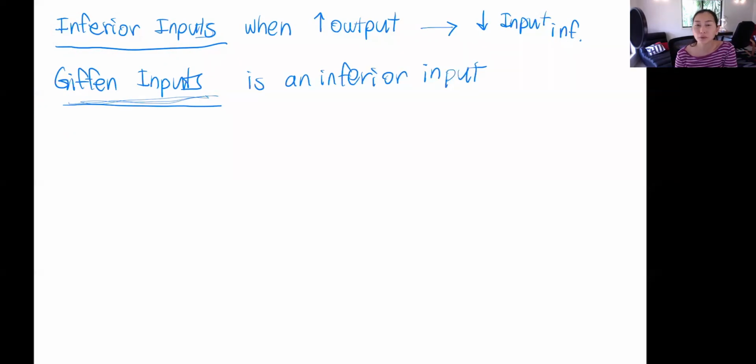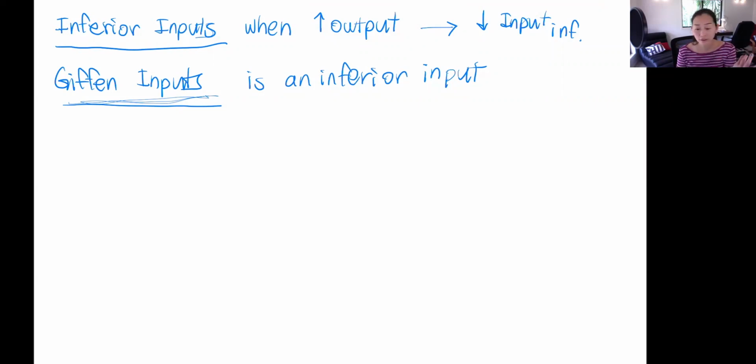So given inputs must be inferior inputs, but not all inferior inputs are given inputs. By definition, a given input must satisfy one condition: it has to be an inferior input. That means that when we increase the output, we must decrease the input of this given good.